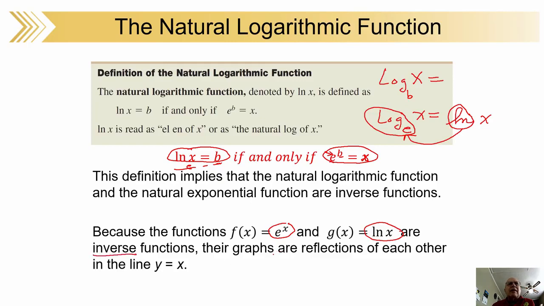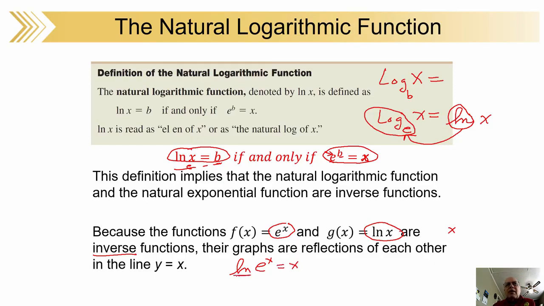That means that if you take a number x, take e to that power, and then take the natural logarithm of the result, you end up with x all over again. Or another way of putting that is, if you take the natural logarithm of e to the x, you just get x. Well, why is that so?